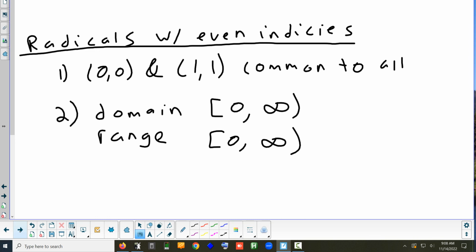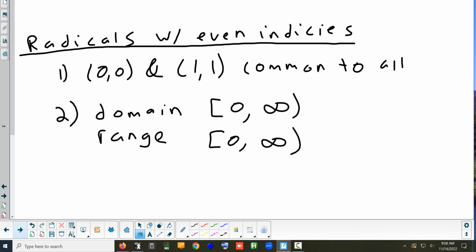And you say, well, wait, what if we've talked about moving something left and right, like shifting it? Well, yes, if you shift it, then no, these points would not be the same. But if you don't shift it or stretch it or do anything to it, and just graph the basic function, all even roots go through those 2 points. 6th root, 8th root, 10th root, they all go through those 2 points.